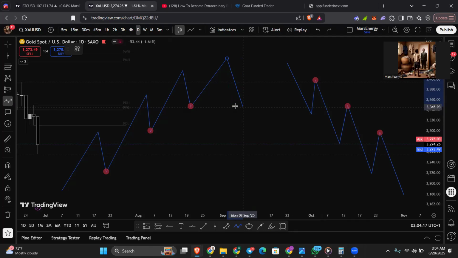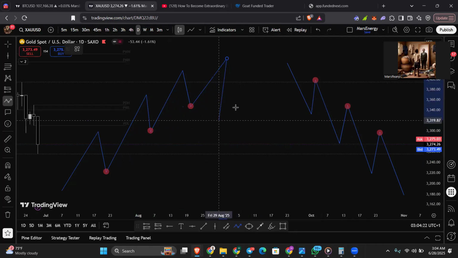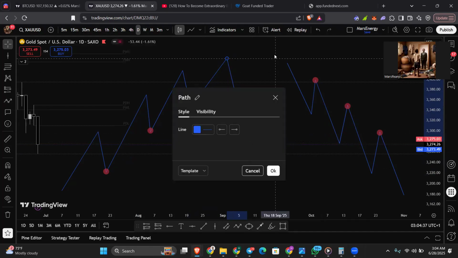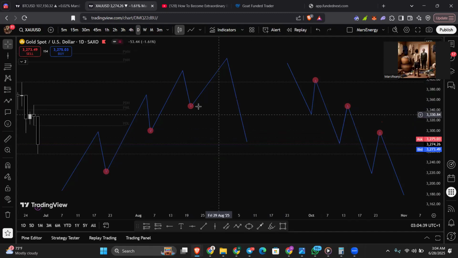But what I'm trying to say is, as long as these bottoms are higher than each other, price is bullish. If price should now come down and take out the last bottom, it gives you an intel that you might be expecting a bearish scenario.